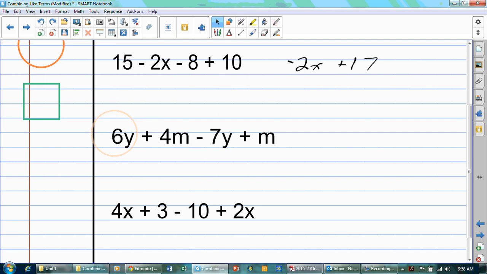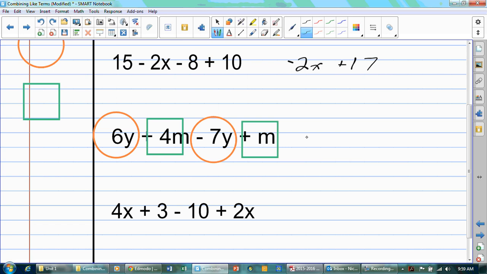Okay, so we've got 6y and a negative 7y. We've got a positive 4m and a positive 1m. So 6y minus 7y is negative 1y, or just negative y.